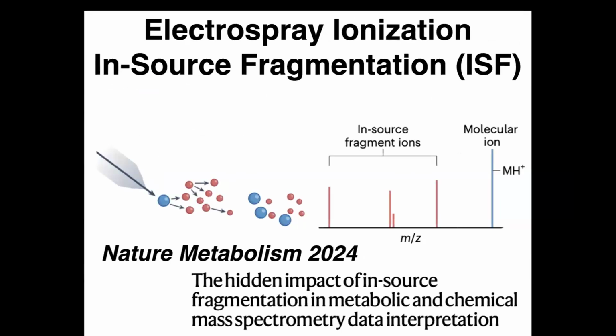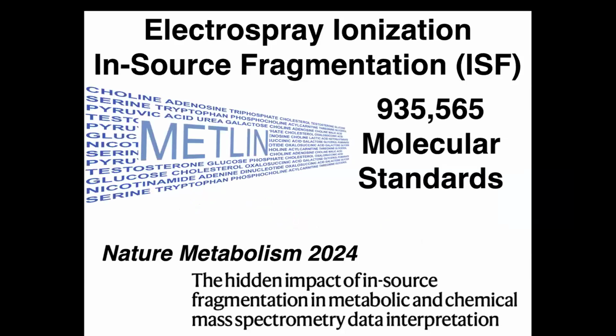In fact, a paper that we had in Nature Metabolism a couple of months ago revealed the extent of in-source fragmentation with electrospray. So electrospray is still obviously a wonderful technology. It gives us fantastic molecular ion signals, and as a result, we can oftentimes identify molecules based on their MSMS spectra. However, there is a high prevalence of in-source fragments.